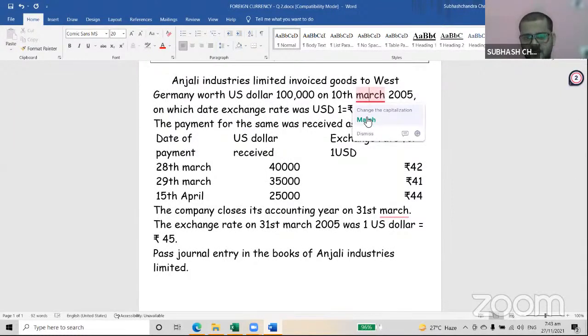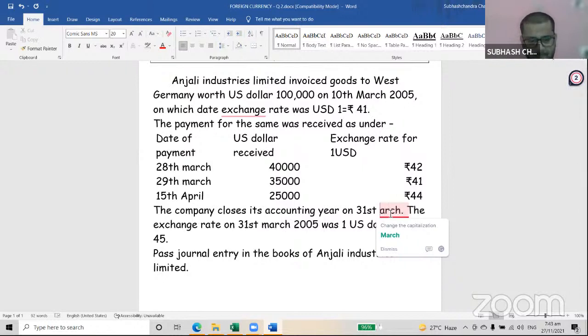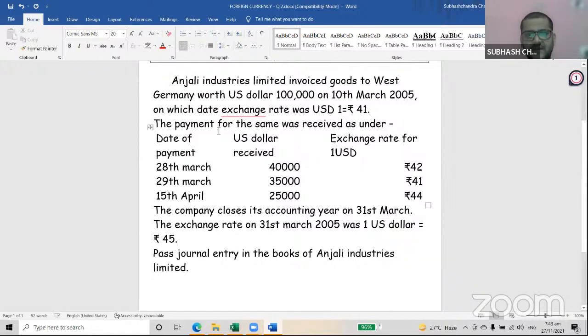Oh, because of the Grammarly, it's showing March as well. Hold on. See how we will solve the question. Very simple. First, we will read the question. Then we will prepare the flow chart, and then we will record the journal. Everyone getting it?